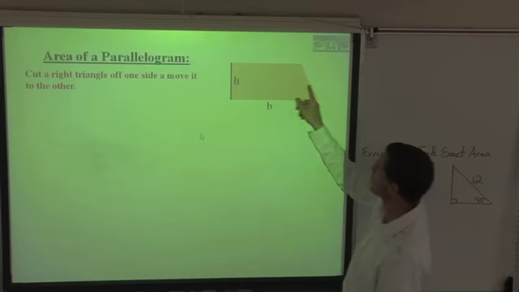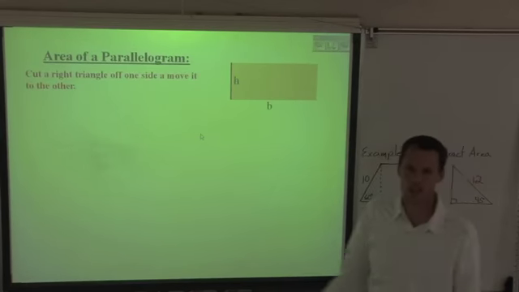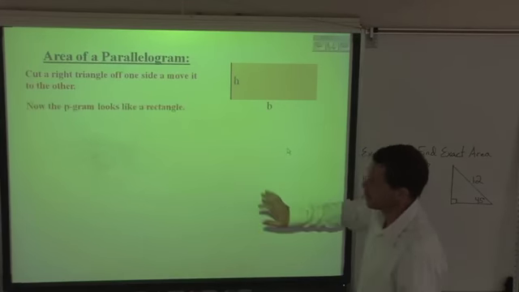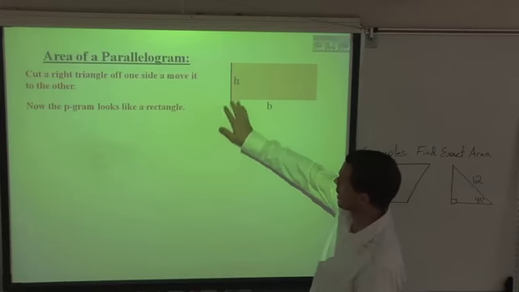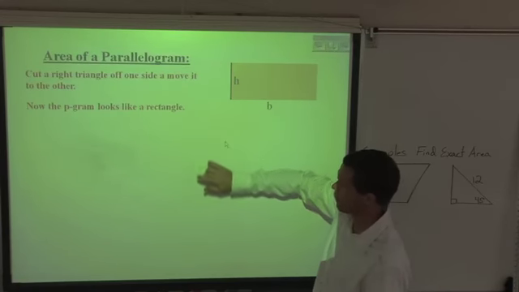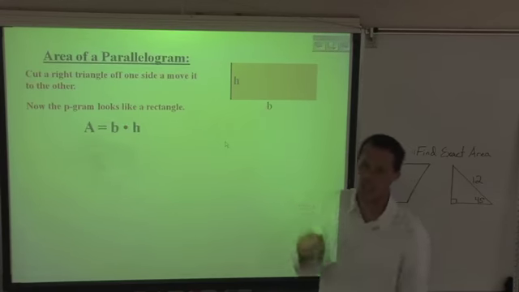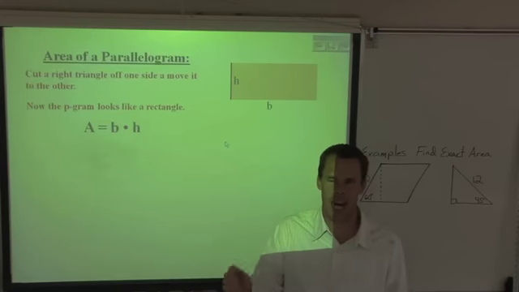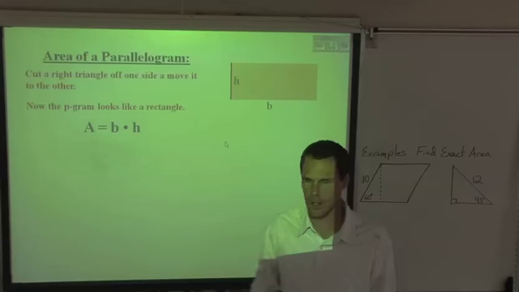So there it goes. And now our parallelogram has been turned into a rectangle. Therefore, the area formula is base times height, as long as we remember that the base and the height must be perpendicular.